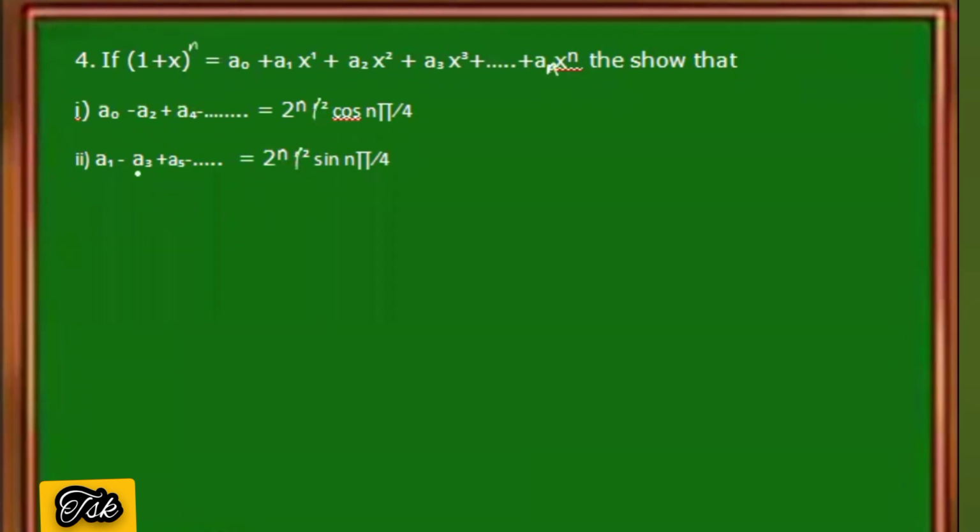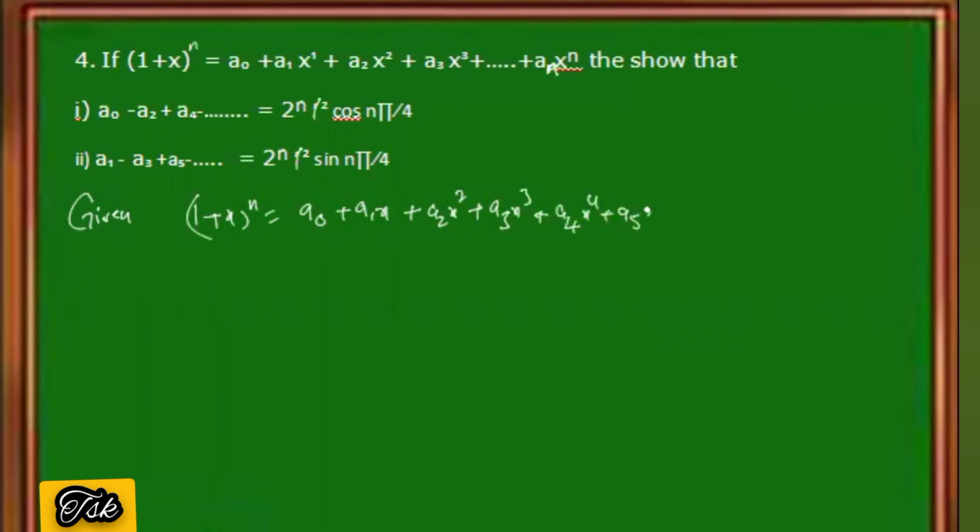But what's given is 1 plus x whole to the power of n is equal to a0 plus a1x plus a2x square plus a3x cube, a4x to the power of 4, a5x to the power of 5, and so on.